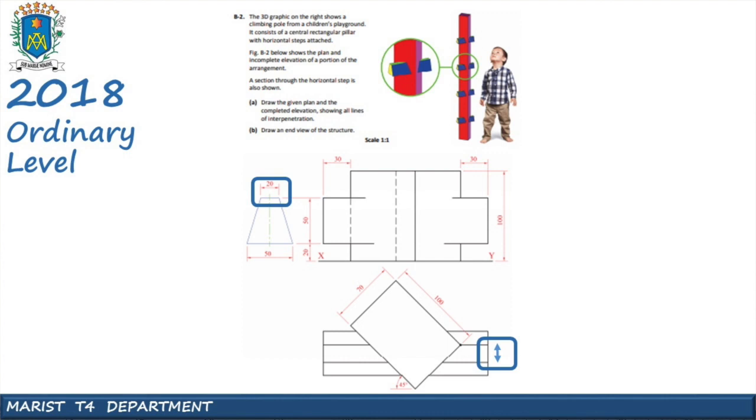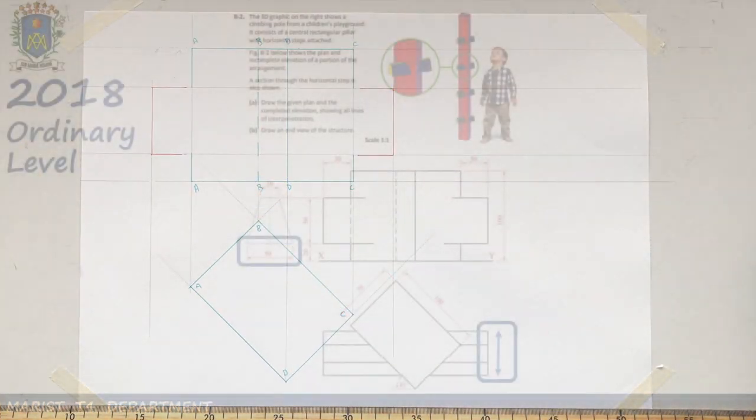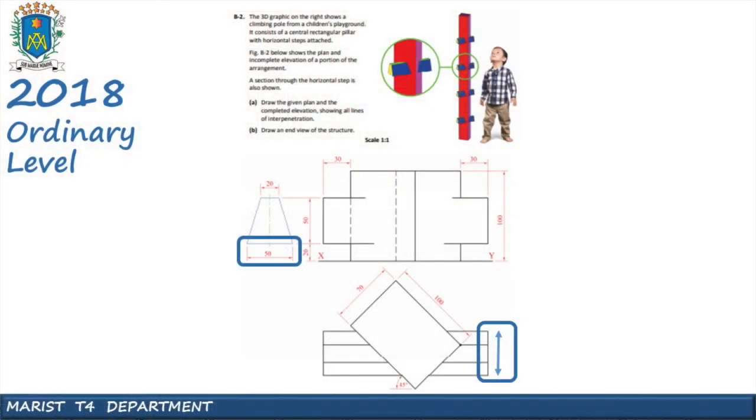Now, that depth measurement of 20 in the end view is related to the measurement of the distance in plan, as I've indicated here on the right of the plan. It's exactly the same if we look at the measurement at the bottom, which is 50. That is indicated there in plan also. So the object that we see in our end view is the object that we see in plan.